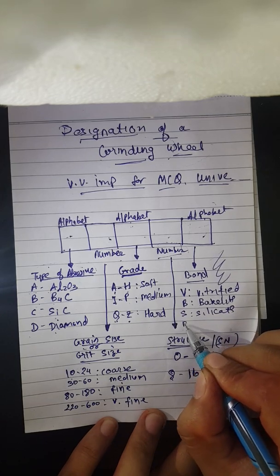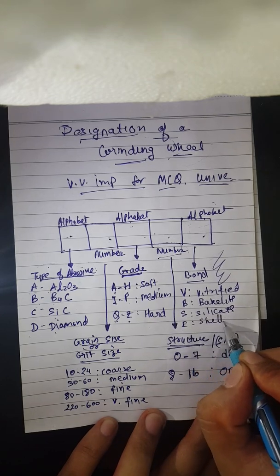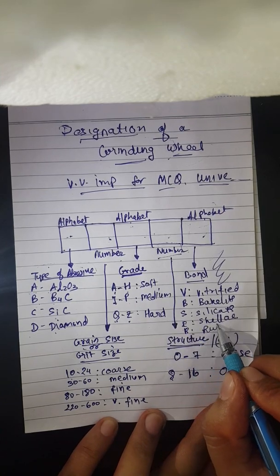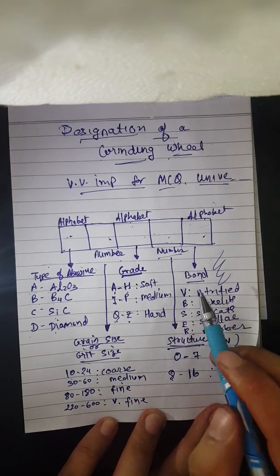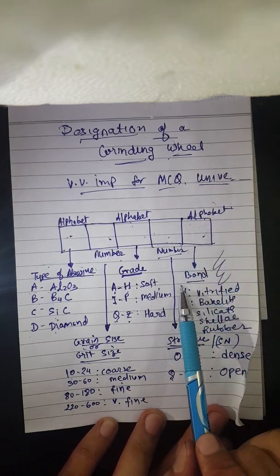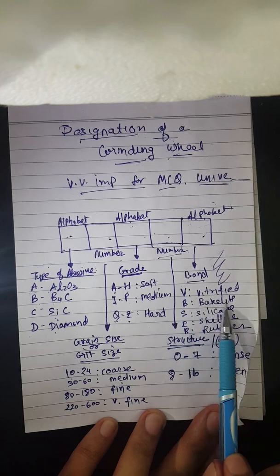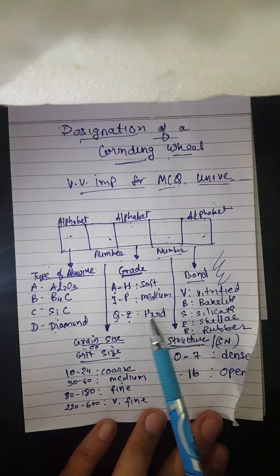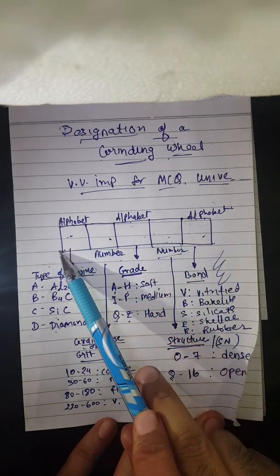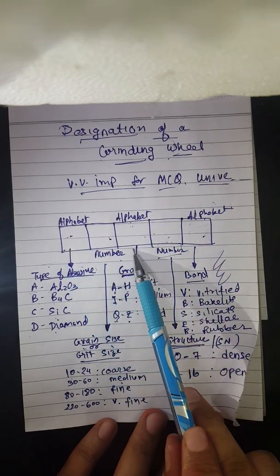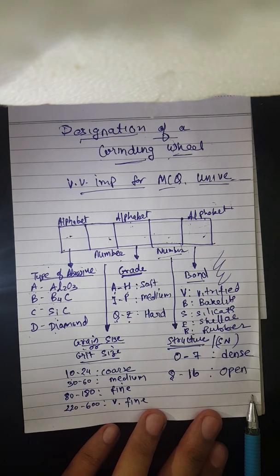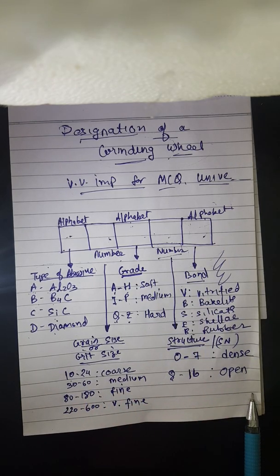If it is E, it is shellac. And if it is R, it is rubber. So each letter in the last block corresponds to the type of bond, or the bonding material, that you are using. I'm just giving an overview of what the different alphabets and numbers correspond to. This is how you give the designation to the grinding wheel.